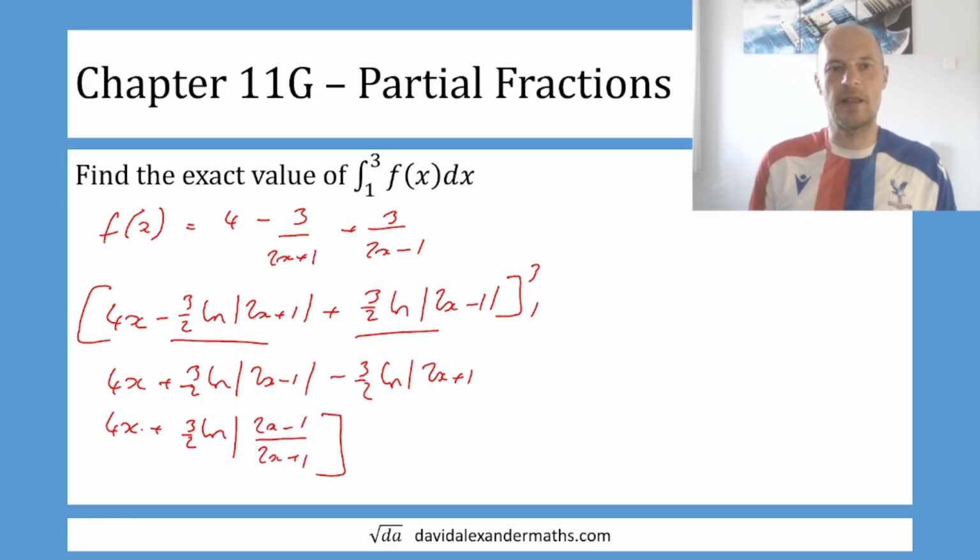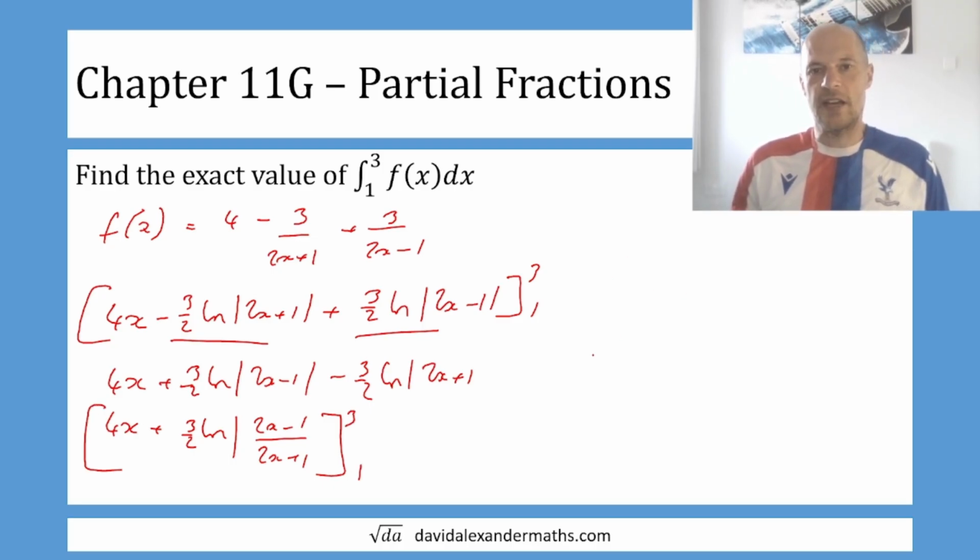And we don't need to worry about the plus c because it's a definite integral. Okay, so what's this going to become? Let's put 3 through it first. So 4 times 3 is 12 plus 3 over 2 ln of 6 take away 1 is 5, and the denominator will be 7. That's right.